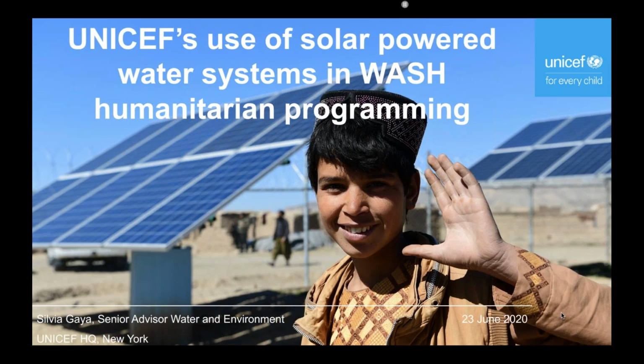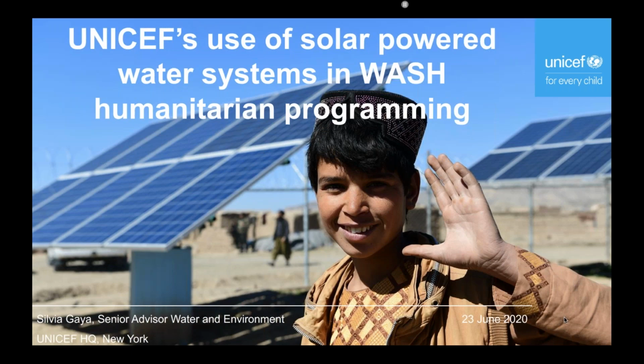Thanks a lot for inviting us to be part of this webinar today, and very pleased to explain a little bit the experience of UNICEF in the area of solar-powered water systems in our humanitarian programs.